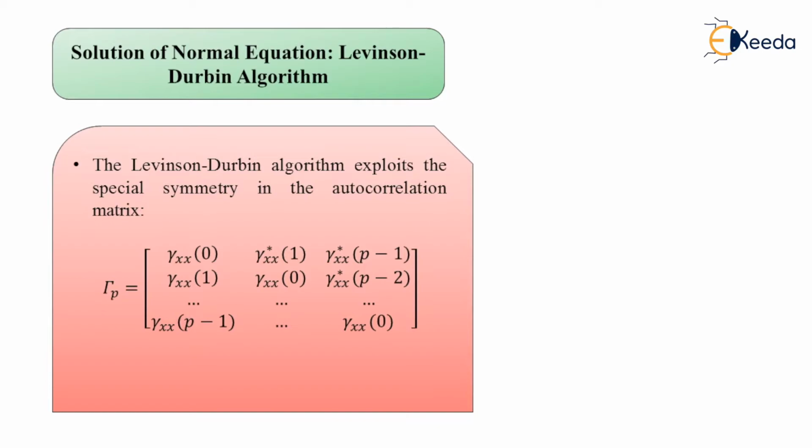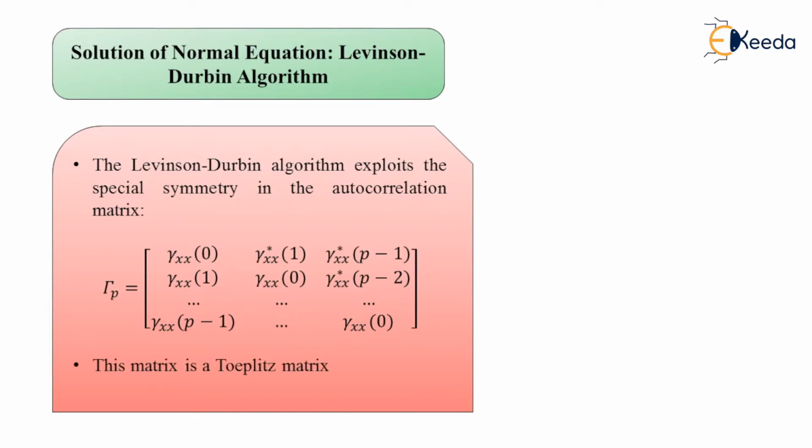So here the gamma suffix p of i comma j is equal to gamma suffix p of i minus j. So the autocorrelation matrix, which we generally represent by gamma suffix xx of m, is a Toeplitz matrix.